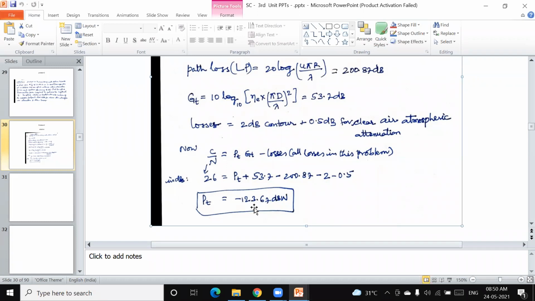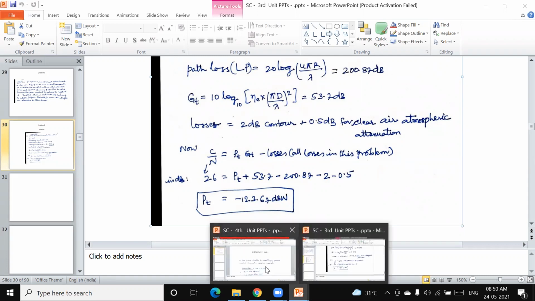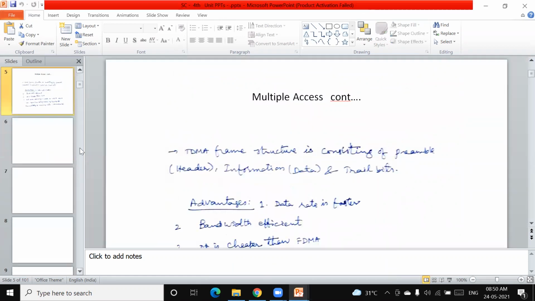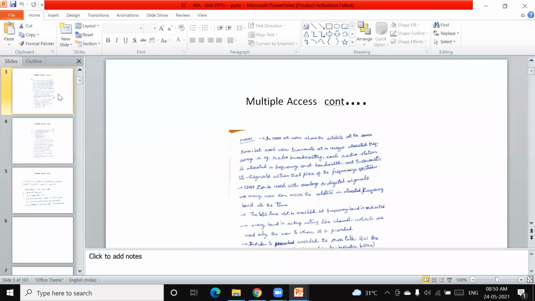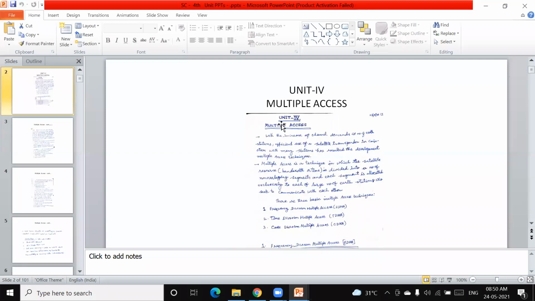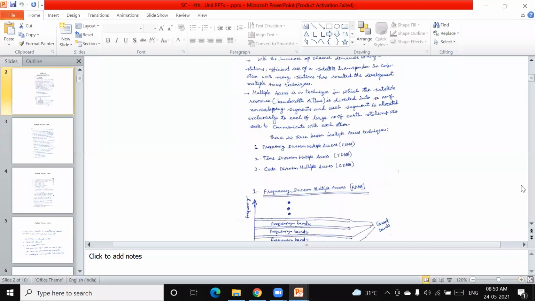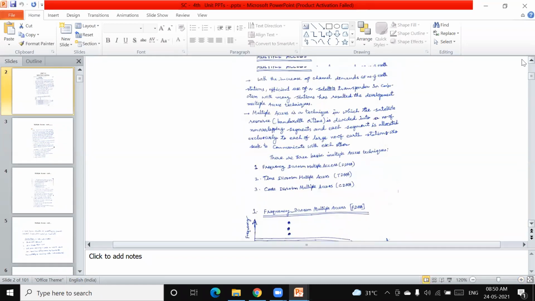Now I'm going to the next unit, the 4th unit, which is multiple access.